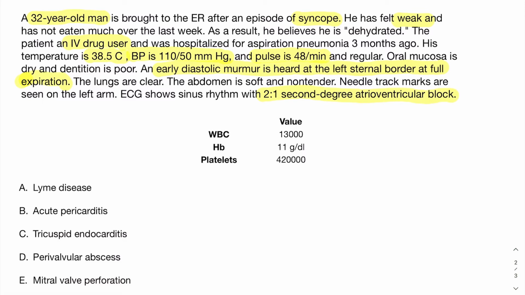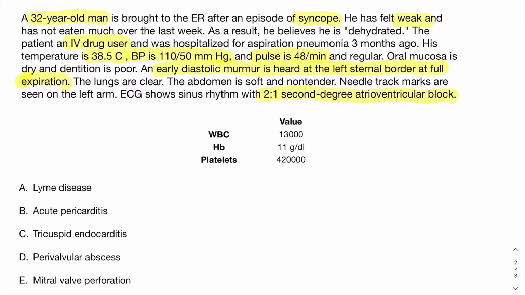So that's how I excluded it. I mean, there aren't any other symptoms that point toward Lyme disease other than the AV block, and the murmur just completely pointed away from the diagnosis, and the fact that he's an IV drug user as well. Exactly. So if you pick that, pause and try again.